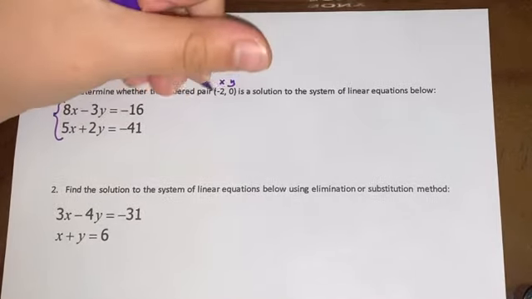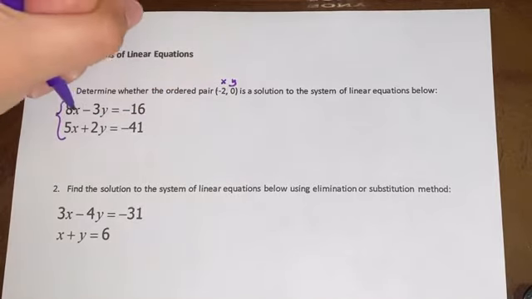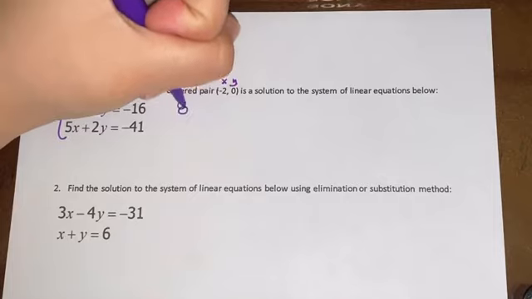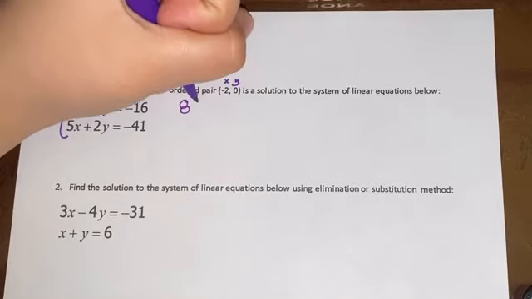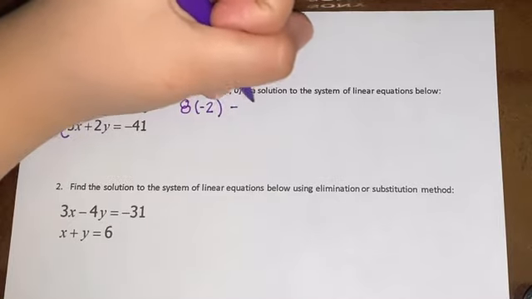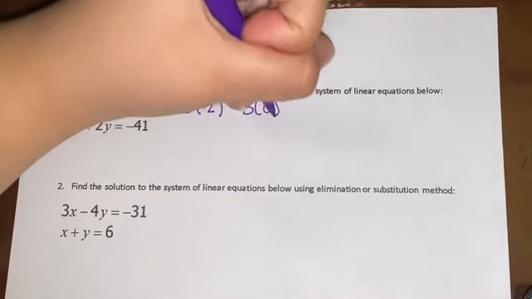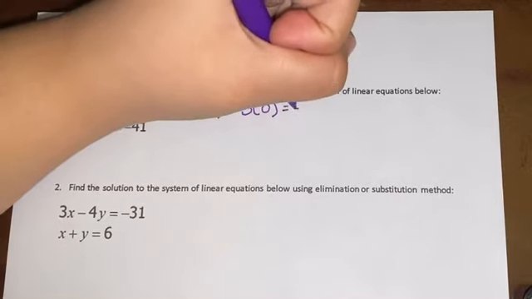So the first thing we're going to do is plug in the -2 for x. So it would be 8 times (-2), minus 3 times 0, where you plug in for y, equals 16.